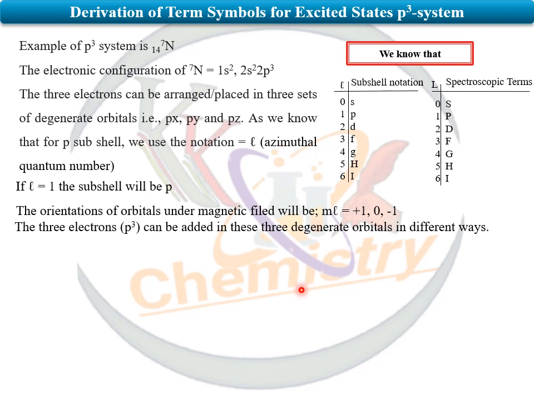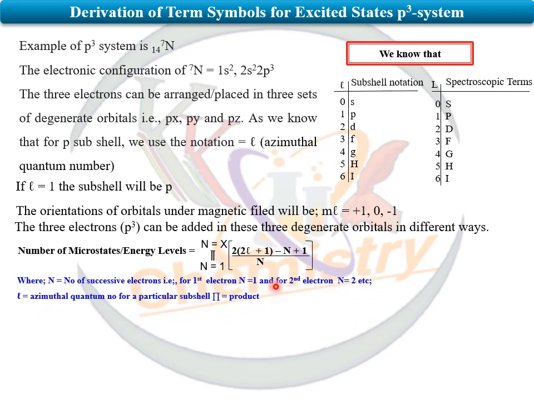The 3 electrons can be added in these 3 degenerate orbitals in different fashions. How will you know how many energy levels are available to place these 3 electrons? You can calculate it by the formula of a microstate.